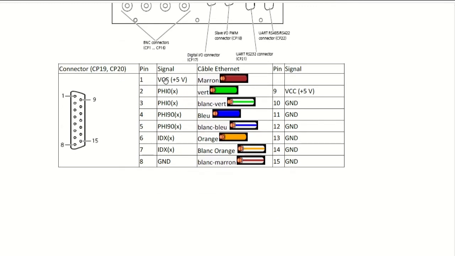The DSP board can power the encoder by itself using its internal 5 volt power, and it can sense the Phi0 and Phi0 bar, which is the complementary, and Phi90 and Phi90 bar, which is the complementary, also for the index, and you have the ground. So here you have the best connection because you have immunity to noise using the signal and its complementary.